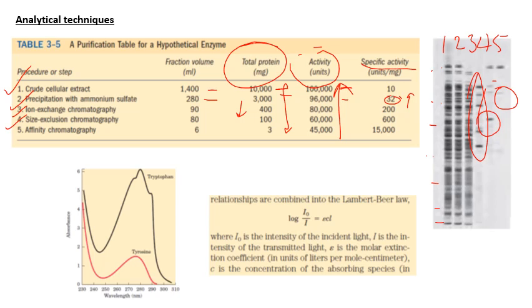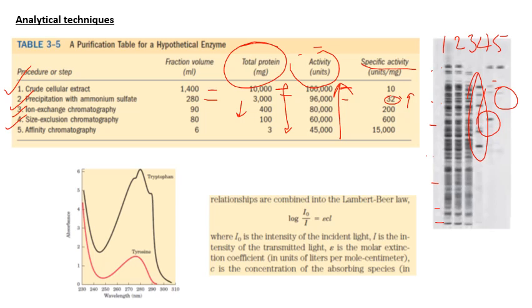Another method, which is spectrophotometric based, is that you can look at how much light is absorbed or emitted from the solution of the proteins. As I told you earlier, each of these amino acids is different in its chemical properties.